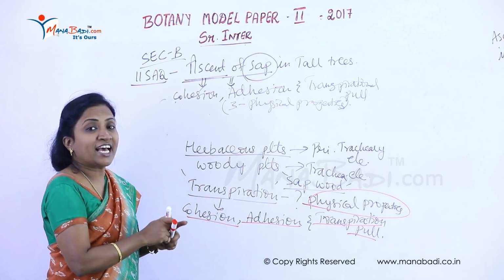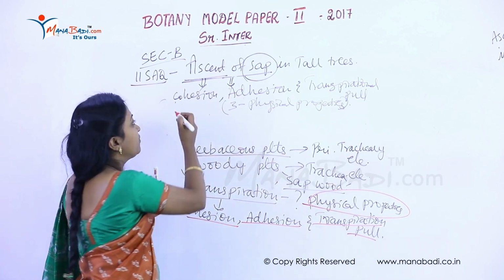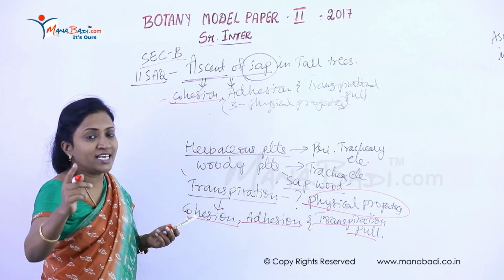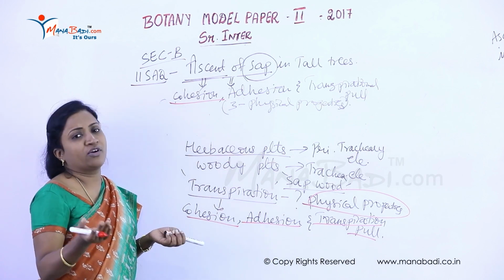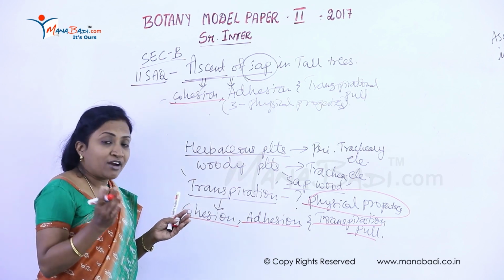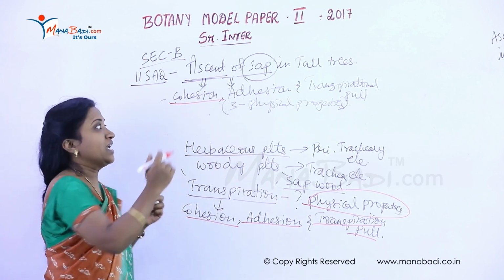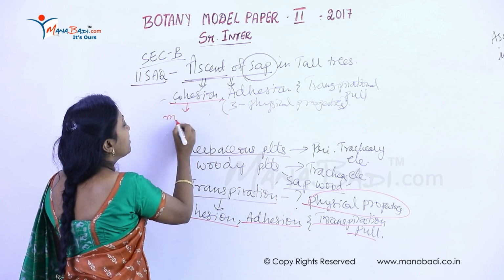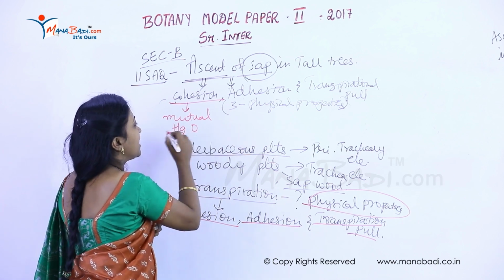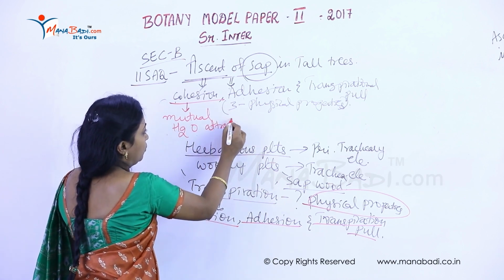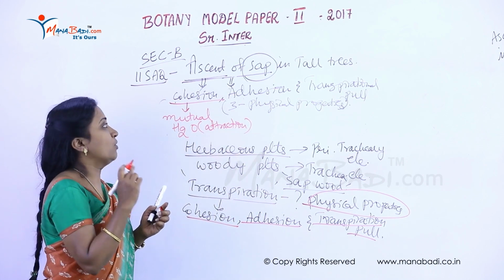Now coming to each of these physical properties. The first physical property is cohesion. You all know the meaning of cohesion. It is the attraction between two similar molecules. Here it is the mutual attraction of water molecules.